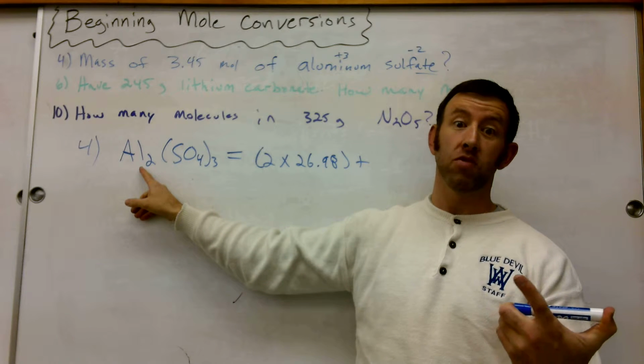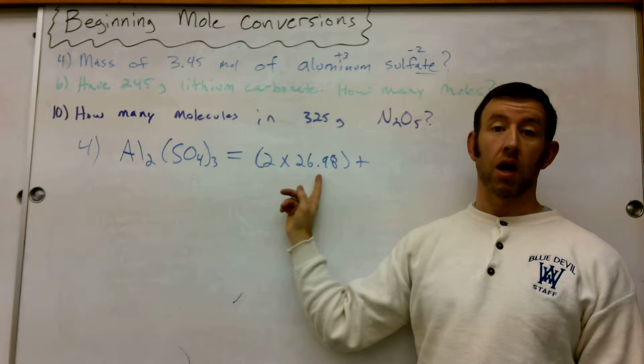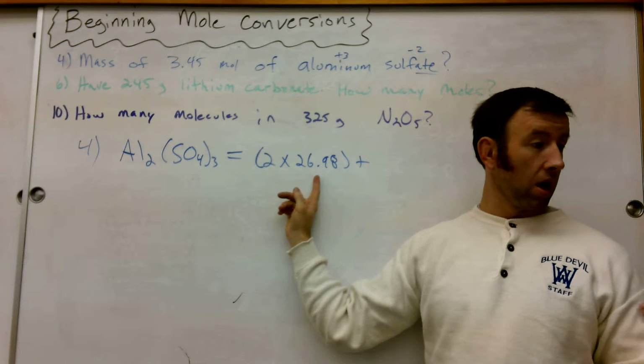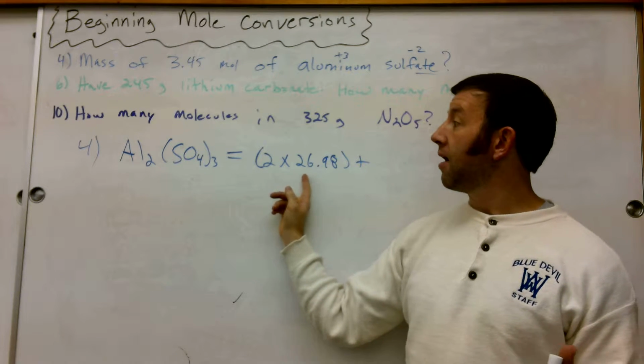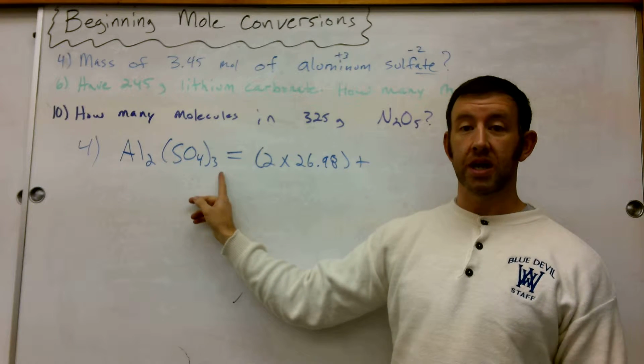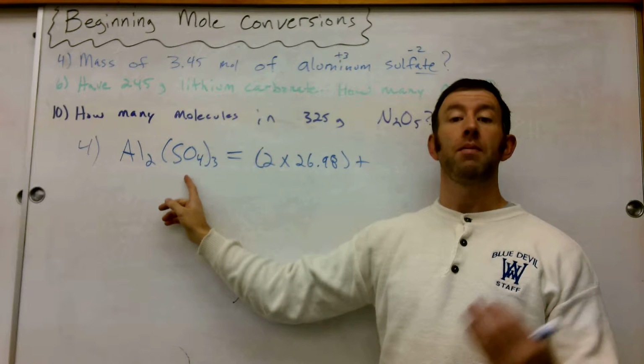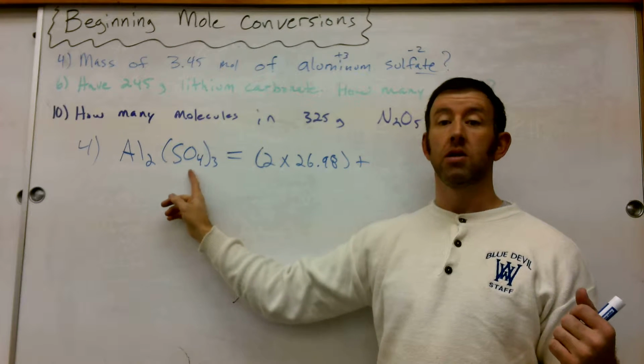Where do you find the mass of aluminum? On the periodic table. That's the number underneath the Al symbol. Next, I have sulfur and oxygen. The 3 is outside the parentheses, which means it applies to everything inside. So I'm going to take 3 times sulfur.